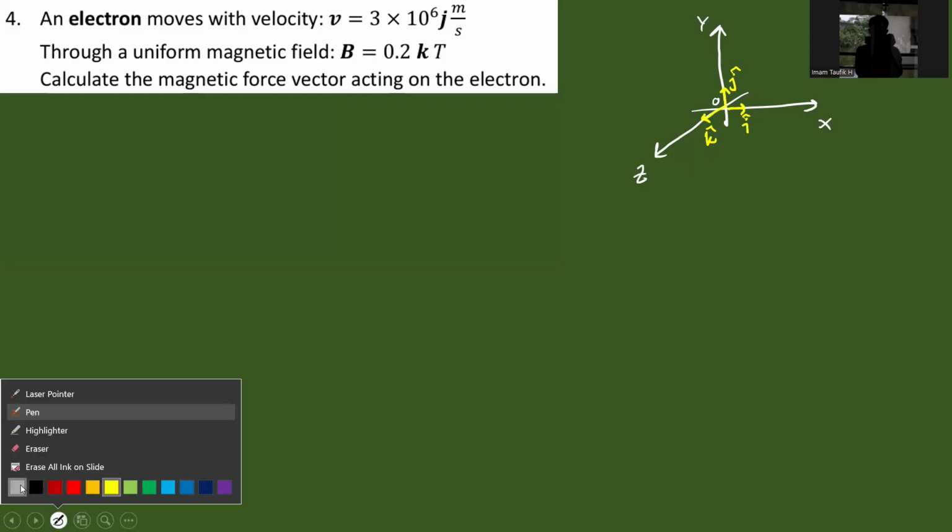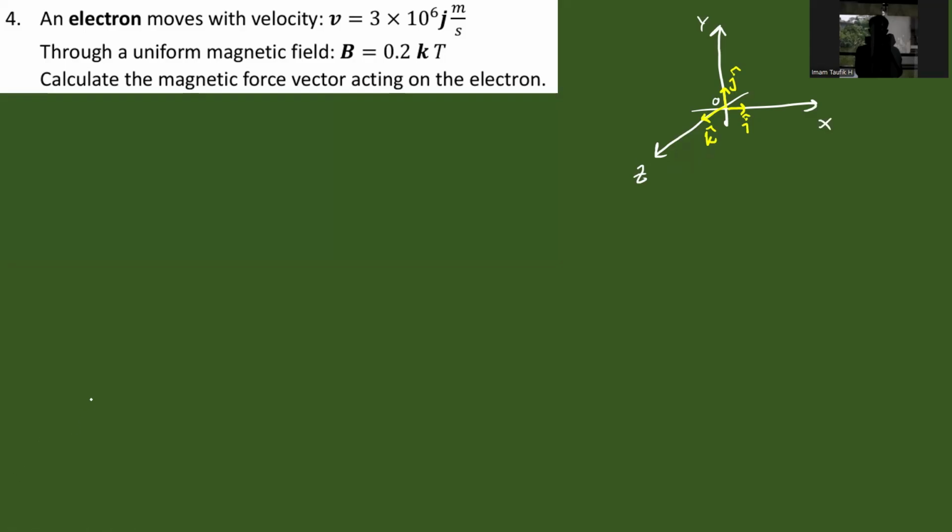So next, to calculate the magnetic force vector acting on the electron, first of all, we have to focus on determining the magnetic force. We can simply use this formula, F equals QVB sine theta, since the question is asking about a charged particle that moves in a magnetic field.